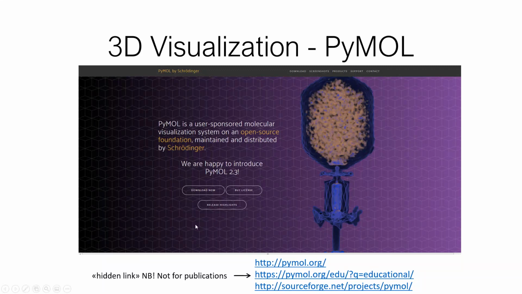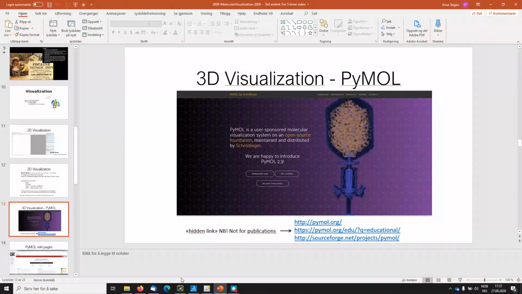But I think our department of biomedicine has a license for PyMOL, and if you're in a group that works with structures, usually they have a license for PyMOL because it's not so expensive and it's really useful.